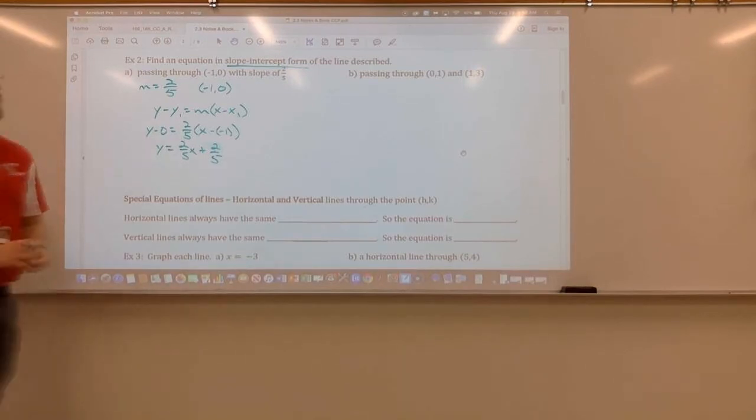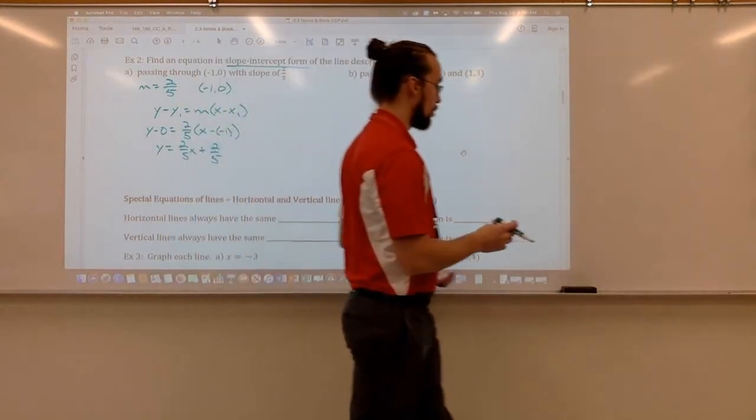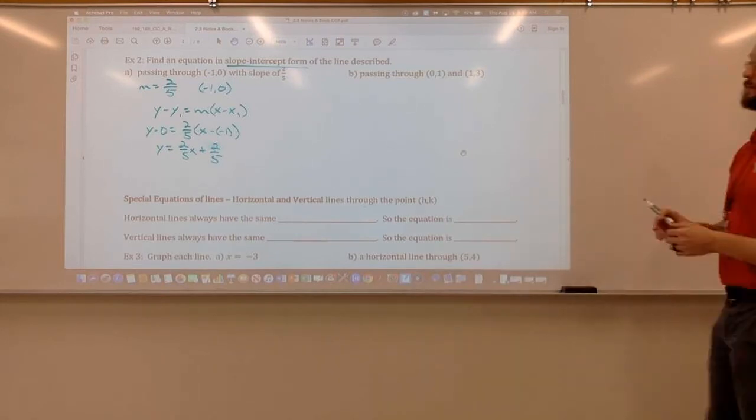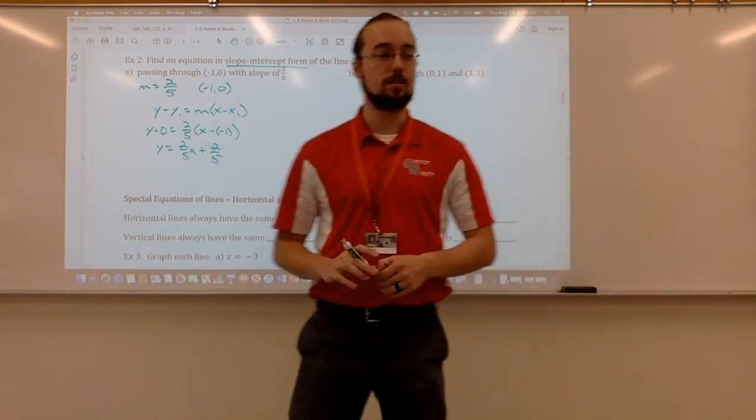All right. So in the second one, we're given 2 coordinate points. I need the slope. How am I going to find the slope? Given 2 coordinate points, how am I going to find the slope? Yeah, use that formula. Go ahead and do that.